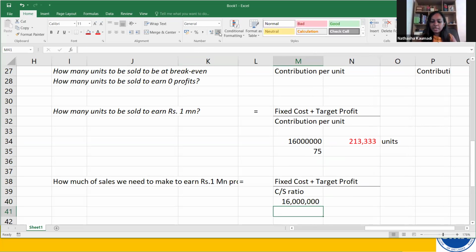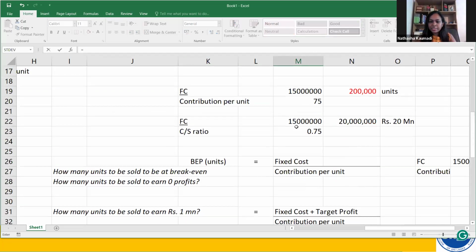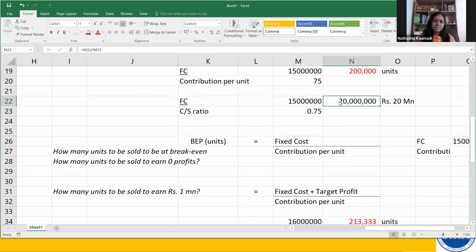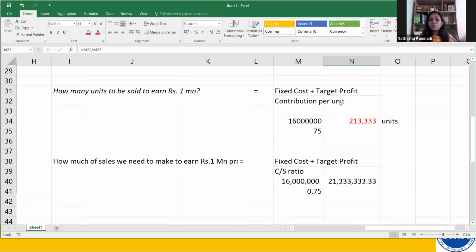And then what is your CS ratio? CS ratio is 0.75, as we calculated previously. So how can we get the sales rupees value? 21,333,000. 21 million sales. How much of sales do we need to make to earn 1 million rupees profit? 21 million sales. Previously, it was only 20 million sales. To be at the break-even, 20 million sales is enough. But to earn 1 million rupees profit, 21 million sales.